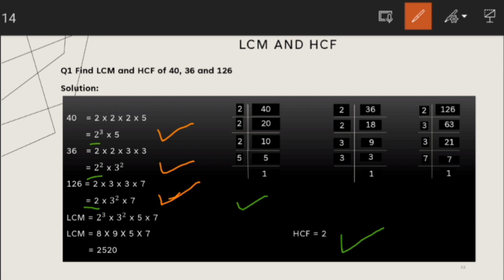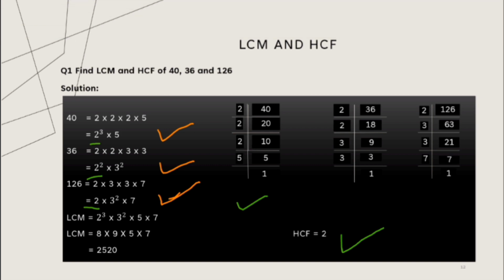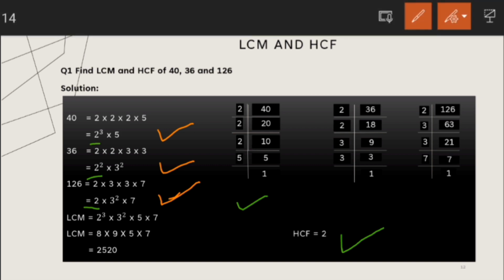But for LCM, you are going to take the common, and that should be the highest power of the common. 2 to the power 3 is the highest power. So I have taken 2 to the power 3. Now 3 to the power 2 is there in this, 3 to the power 2 is also there.